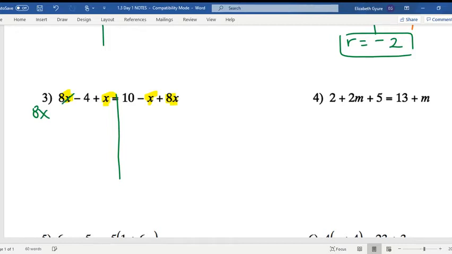All right, someone at home, what about that negative 4? Okay, thanks for letting me know, Bailey. How about Kaysen, what do you think we need to do with that negative 4?